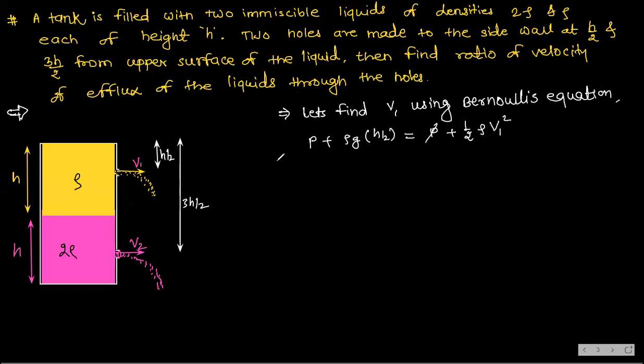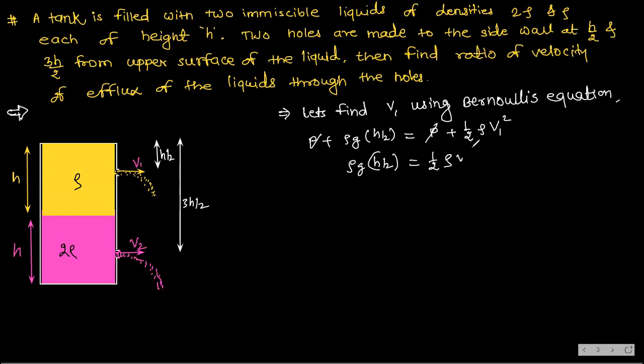This P and this P will get cancelled. Then you are getting rho g h by 2 is equal to half rho v1 square. If pressure energy per unit volume is the same, then potential energy is converted into kinetic energy per unit volume. This is potential energy per unit volume and this is kinetic energy per unit volume.